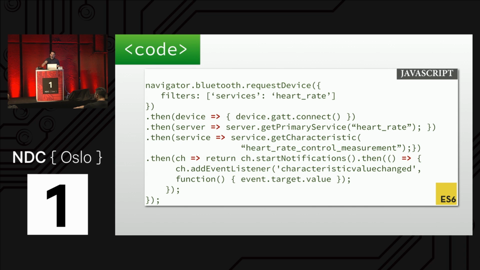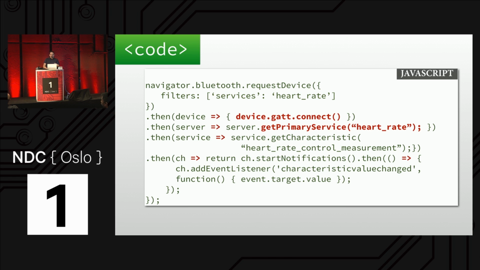So just a quick idea of the API. You say navigator.bluetooth. I want to look for a device using a filter. So in the filter, you specify what kind of device you want to get. You can use generic constants that are available, or if you have your own Bluetooth device, you can use the unique ID that you have inserted in that hardware.